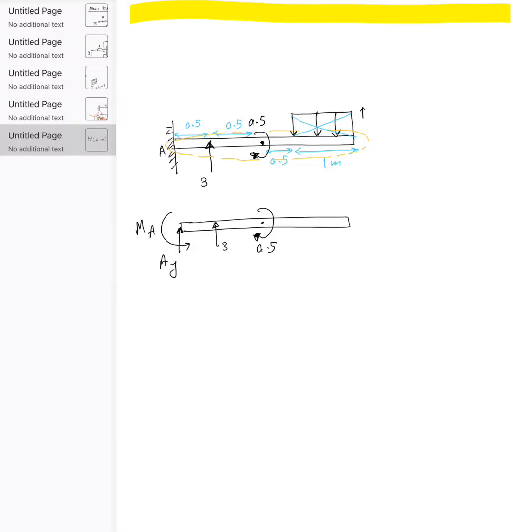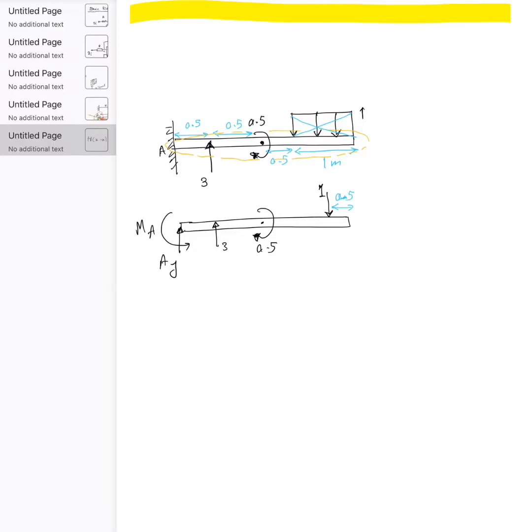The point load's magnitude is 1 and its location is exactly in the middle, so the distance from here is 0.5 to the right.